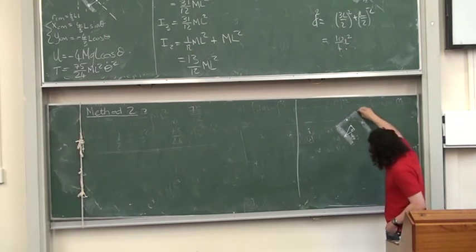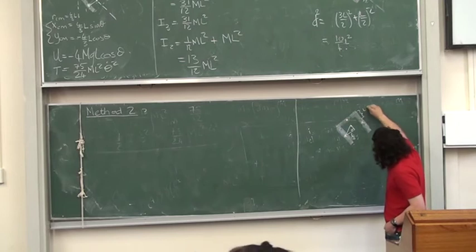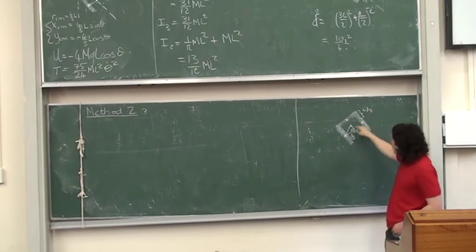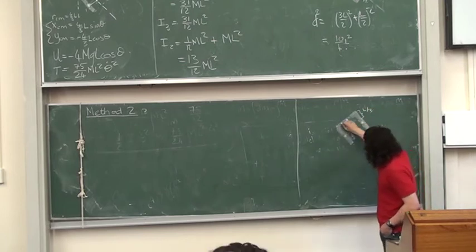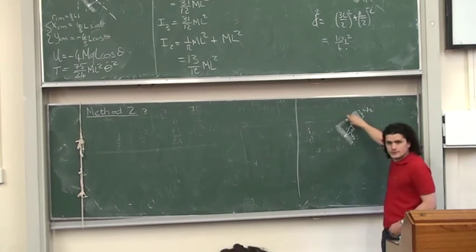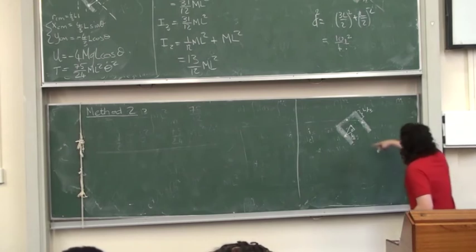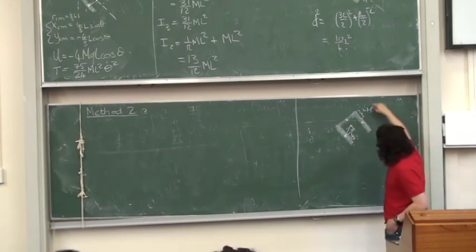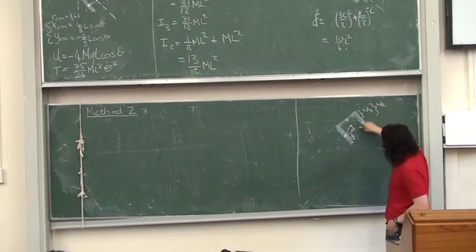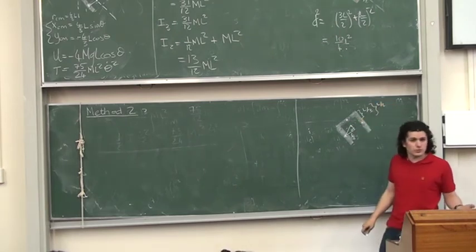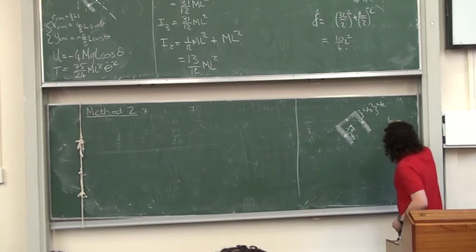We know that the distance from here to here is L over 3, because when we computed the center of mass, we got an L over 3 from here to here. The question is, what is the distance from here to here? Well, we know that the total distance from here to here is L over 2, so from here to here must be the difference between those. It must be L over 2 minus L over 3, which I believe is L over 6.